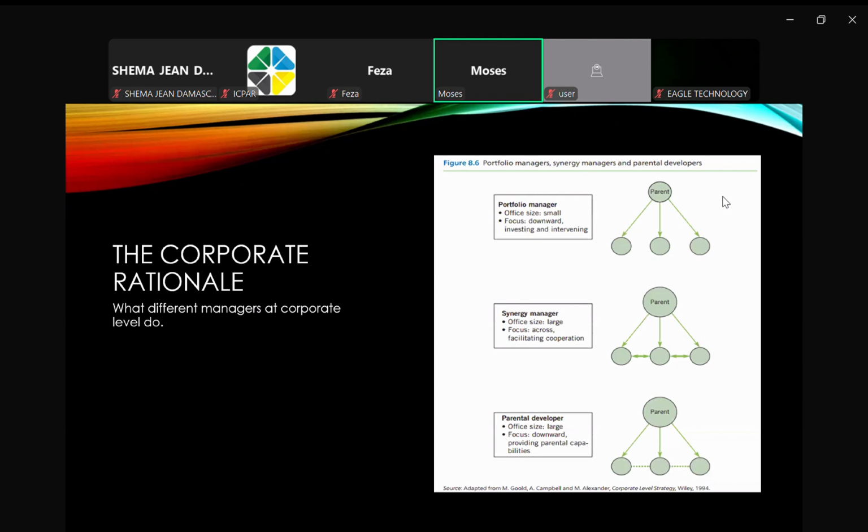There are 3 types of corporate centers. We have a portfolio manager, a synergy manager, and a parental developer. A portfolio manager simply invests in investments, but then allows those investments to grow on their own with minimal involvement. A synergy manager is essentially about creating synergy between multiple investments. A parental developer is a company that is heavily involved in the development of those investments or subsidiaries.